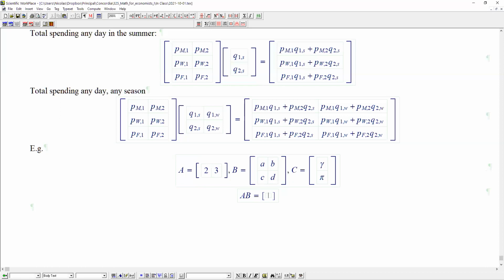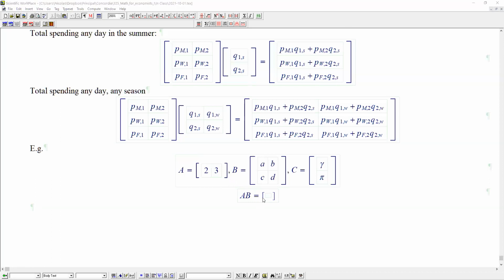Would it be 2A plus 2B on the first row? And then below 3C plus 3D? I think you're muted. Professor, you're muted.